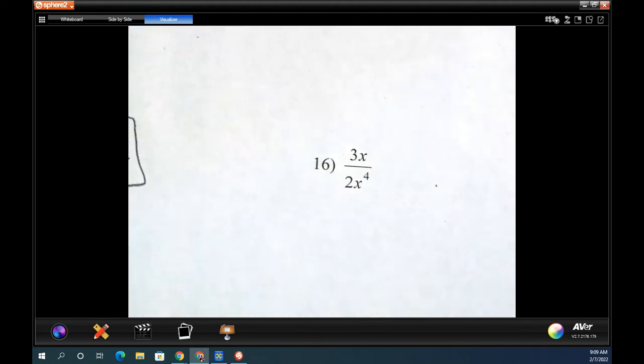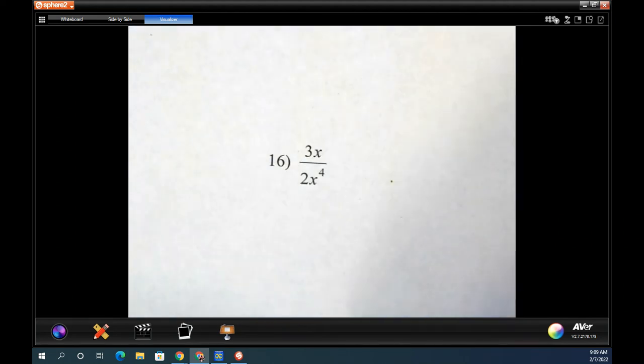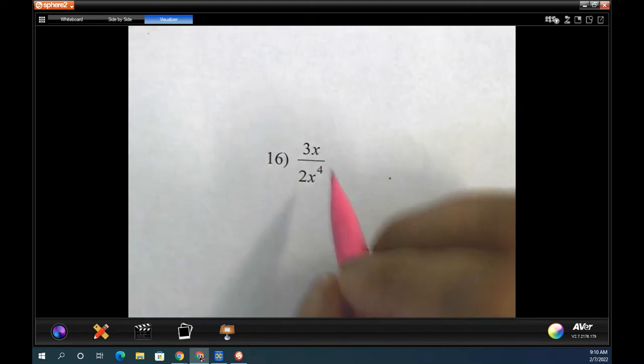Play with 16. See if you can get that. Can y'all see what's going on? Okay. Here's the deal.